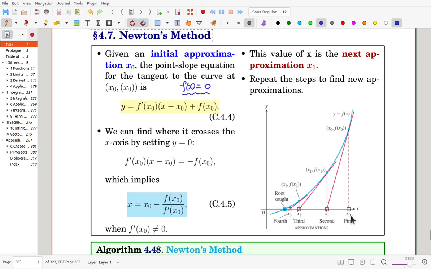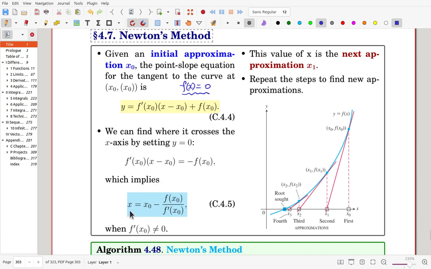Then, as you can see from the picture, we go to the graph and make the tangent line. That is exactly the point-slope form of the tangent line here. And we try to find the x-intercept by setting y equals 0 and solving for x.